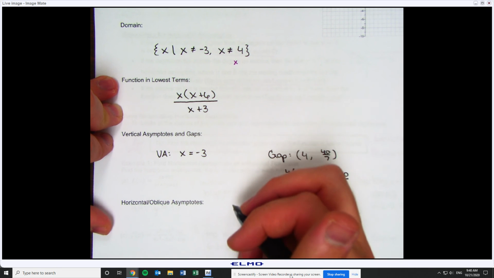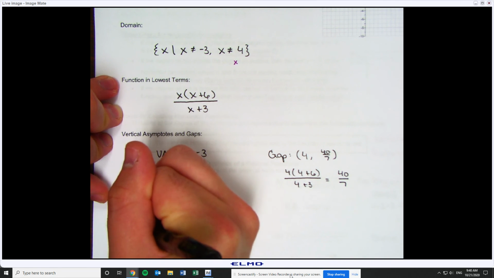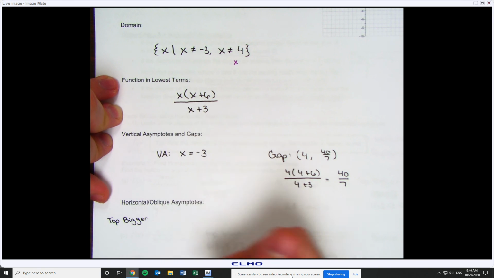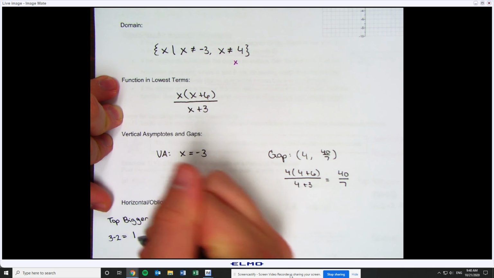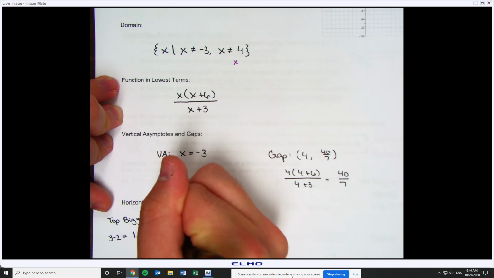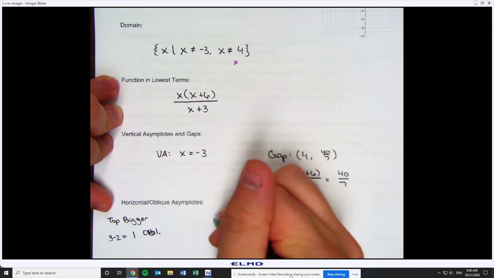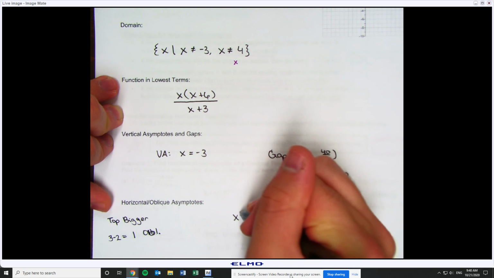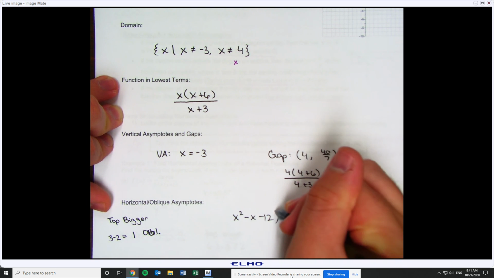Now for here, I see that the top is bigger. And the amount that we're bigger by, 3 minus 2 equals 1. So that means oblique. So doing our division, I have x squared minus x minus 12 on the outside.